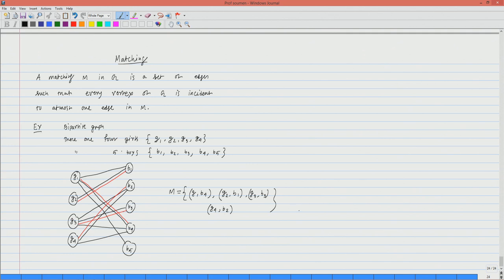Okay. So, the size of a matching is the number of edges in the matching. So, the size of this matching is equal to 4.